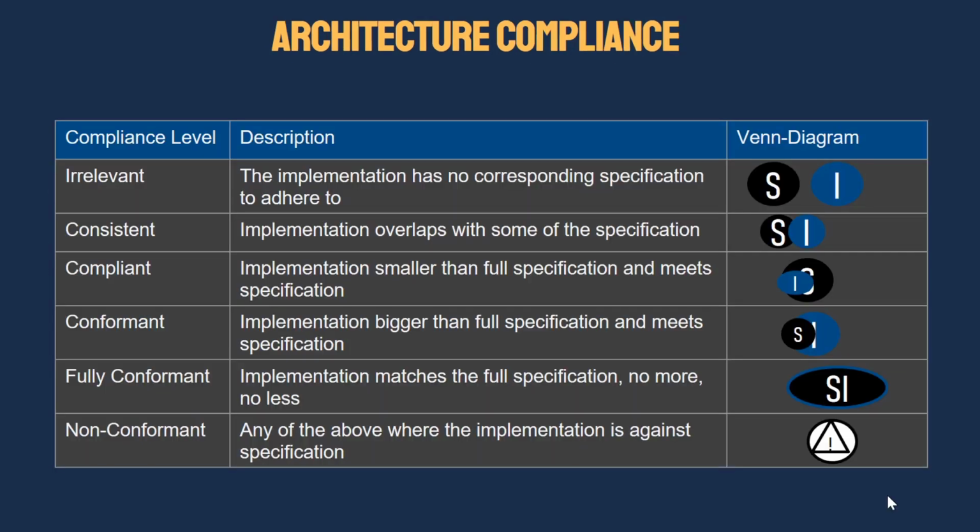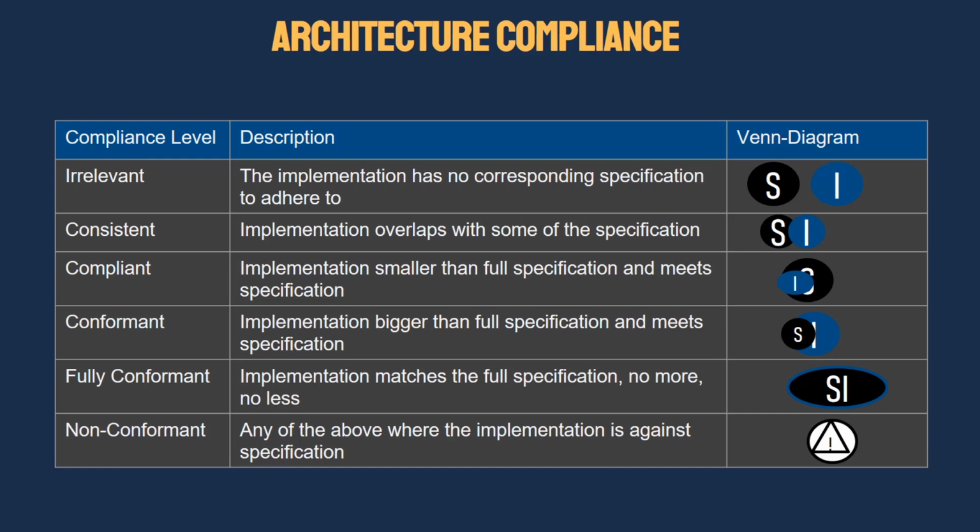Architecture compliance. There are different levels of architecture compliance that we can discuss. The first is irrelevant. The description of this is that the implementation has no corresponding specification to adhere to. The second is consistent. In this case, the implementation overlaps with some of the specification.